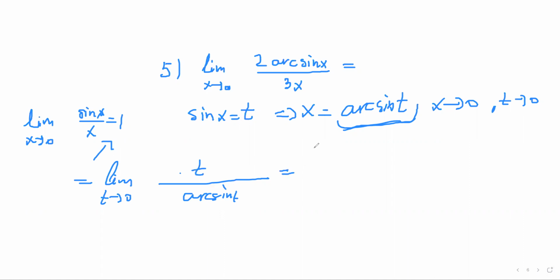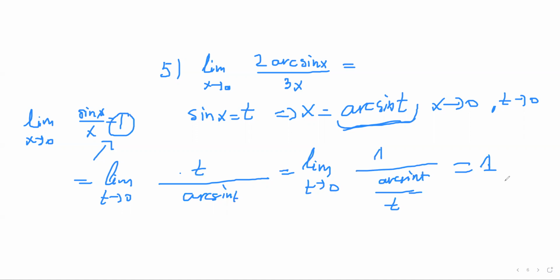So we can rewrite it as the limit as t tends to 0 of 1 out of arcsine t divided by t. We know from above that it's 1. So we proved that the limit as t tends to 0 of arcsine t divided by t also gives us 1.